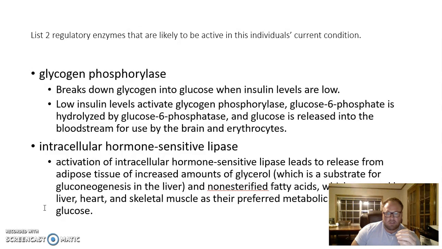And then the body can break down the fatty acids to be used as an energy source in the liver, heart, and skeletal muscles, because there's an absence of the preferred metabolic fuel, which is obviously glucose.